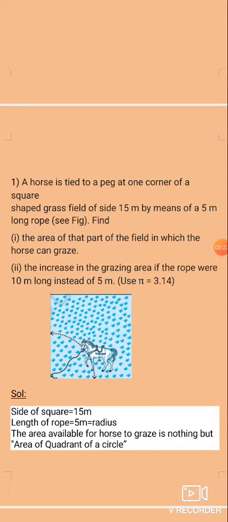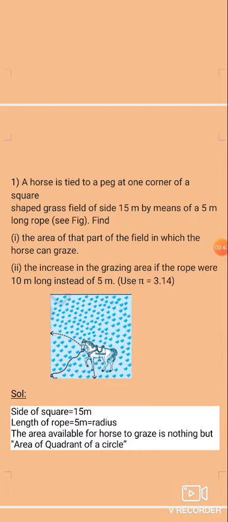Students, last class we had discussed the equations of areas of sector and segment of a circle. Now the problems related with it. A horse is tied to a peg at one corner of a square-shaped grass field of side 15 meter by means of a 5 meter long rope.